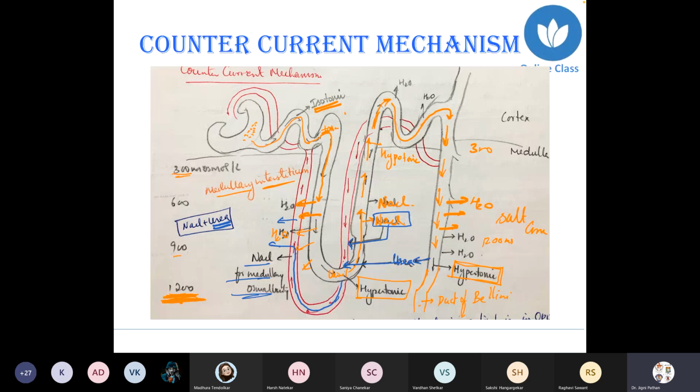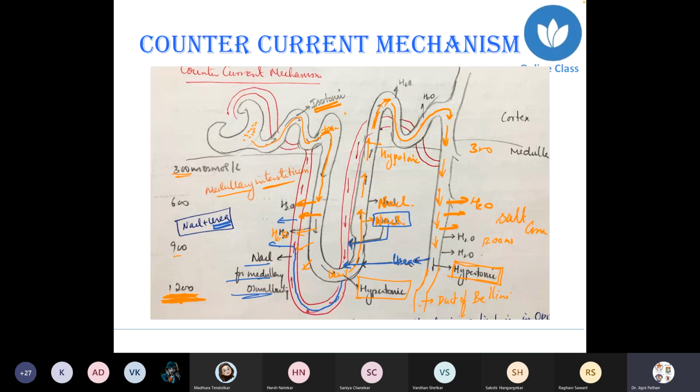What is the role of Vasa recta there? Listen, what is the role of Vasa recta? The NaCl which is removed from the ascending loop of Henle is taken by the descending Vasa recta and given out by the ascending Vasa recta to maintain the medullary interstitium osmolarity.